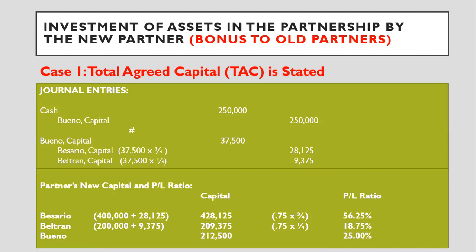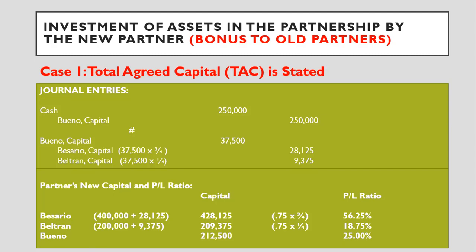The bonus will be proportionately shared by Bisario and Beltran using their P&L ratio. For Bisario, it's 37,500 times 3/4, so a credit to Bisario Capital of 28,125. For Beltran, it's 37,500 times 1/4, so a credit to Beltran Capital of 9,375.